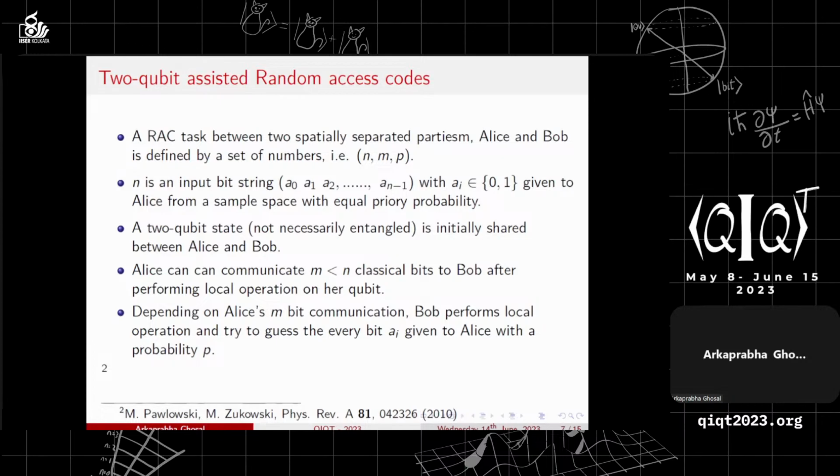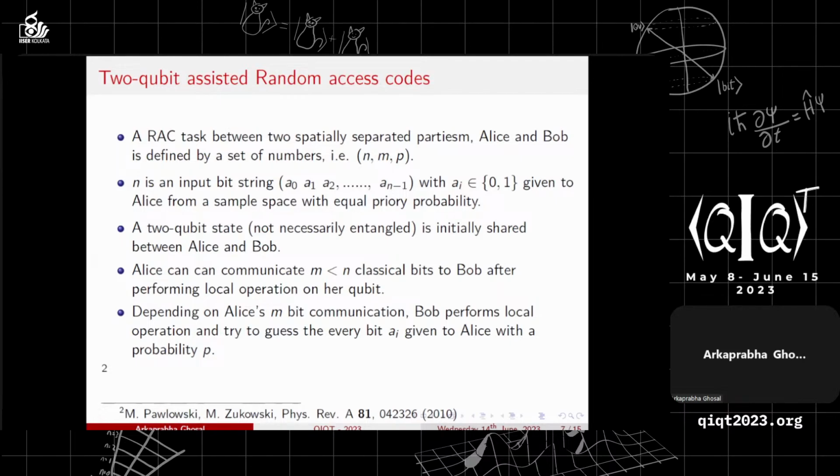Now let us introduce a particular information processing task where this two-qubit state is actually necessary. This particular task is known as a random access code.